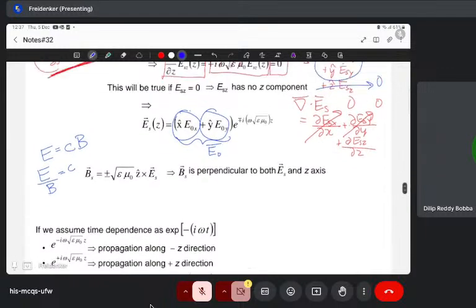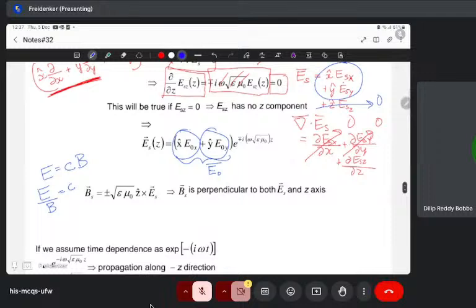So I think they applied the same process. This is B spatial, magnetic field spatial component. So if I know E, I can find B as well.